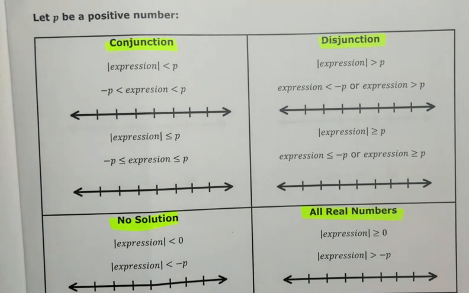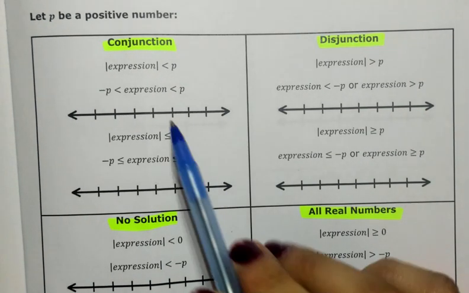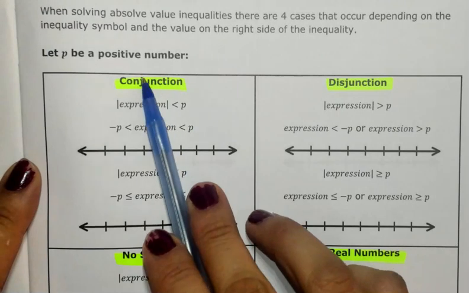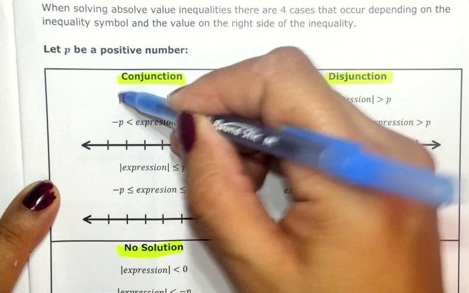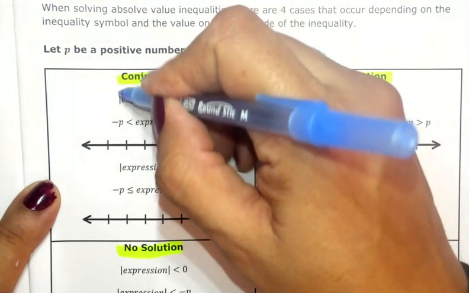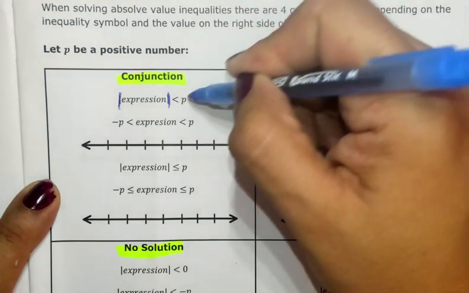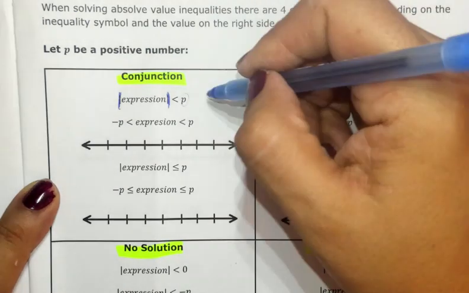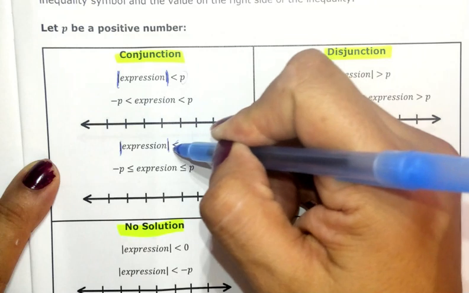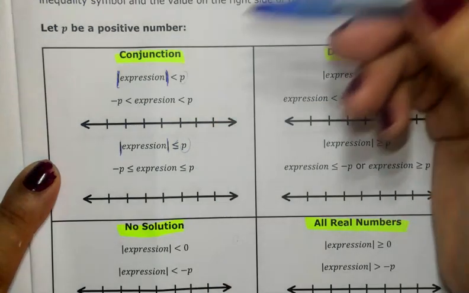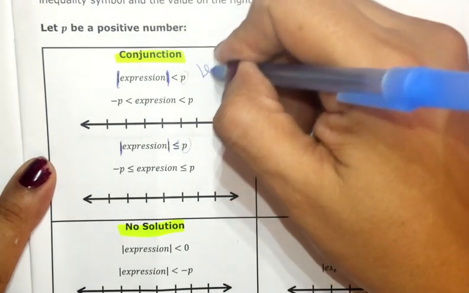So let's assume that this variable p is a positive number. When the expression of the absolute value is less than a positive number, or less than or equal to a positive number, you will have a conjunction.